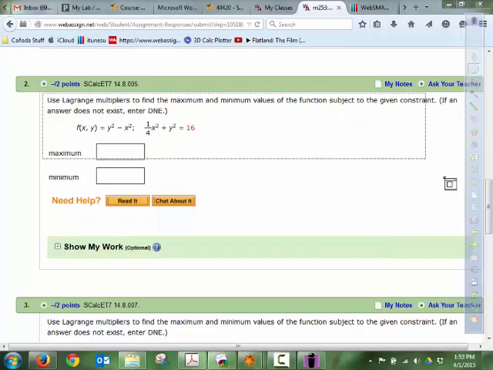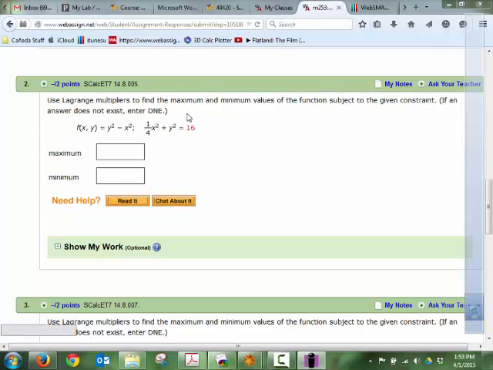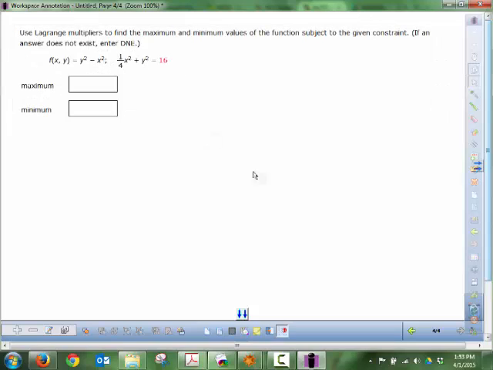So Lagrange multipliers, with the given constraint.